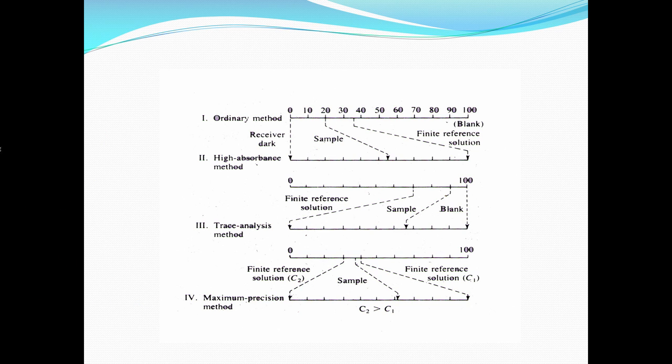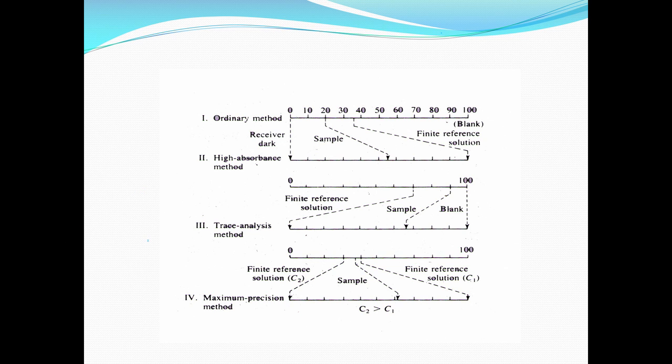So, what is happening in this case is the ordinary method has a scale of 0 to 100 on the top. Okay. So, I need to analyze a sample which is giving me an absorbance between 20 to 30%. So, blank is always around 100% reference, and the sample is somewhere between 20 and 40% of transmittance.